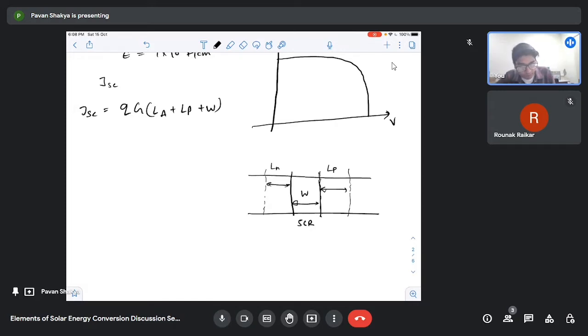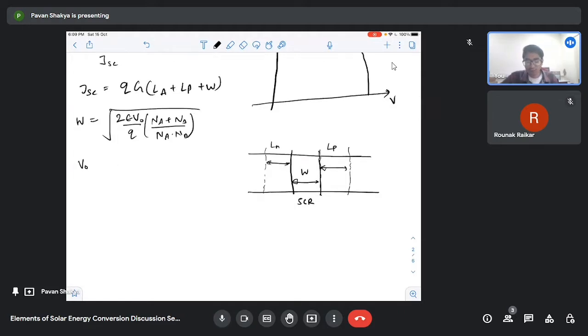The formula for the depletion length is W equal to the square root of 2 epsilon V naught divided by Q, times (Na plus Nd) divided by Na Nd. But in this formula, we do not have the value of the open circuit voltage, V naught. So first we have to calculate this open circuit voltage.